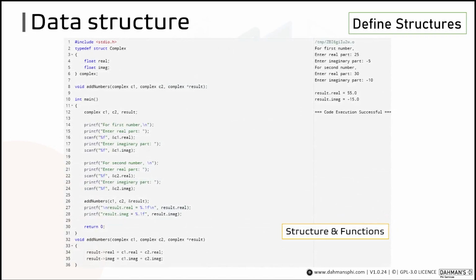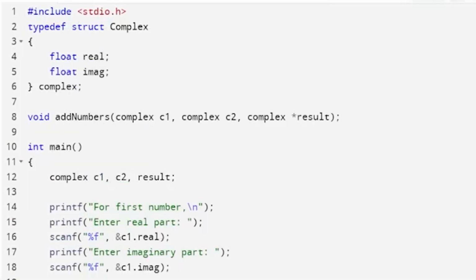Also, we could do something else. We could pass a reference to the function. In this case, using the typedef keyword, we create a struct called complex that has two variables, real and image, of type float. And then we create the name complex to imply the data type complex that is a struct.